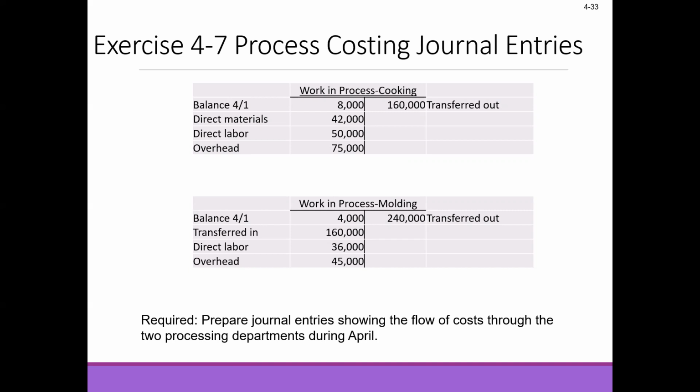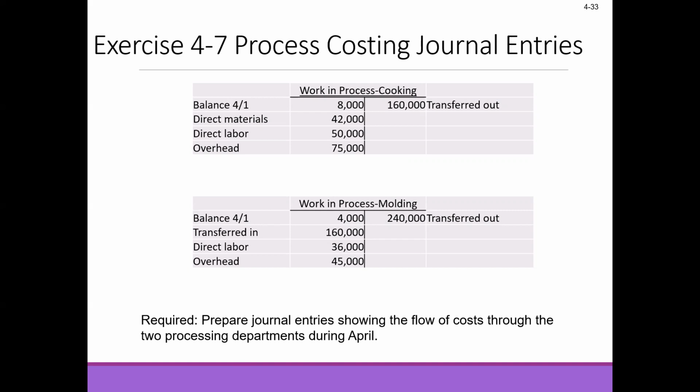Then during the month of April, 160,000 was transferred out. So you see the work in process still has items in that Department A. We only transferred out 160, so it's got about 15,000 left in there.